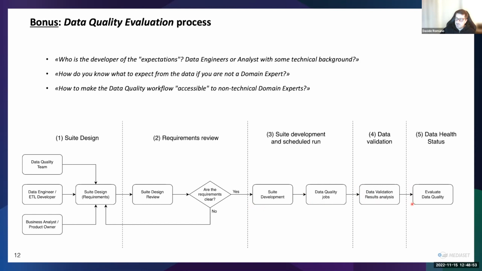Finally, the last step is the actual data quality evaluation that we call data health status. Please note that this is a vertical drill down. So this is a view of a single table, but if you replicate this process for several tables, specifically for all the tables contained in your data lake, covering your tech debt, basically what you achieve in step number 5 is not just the data health status, but the data lake health status.